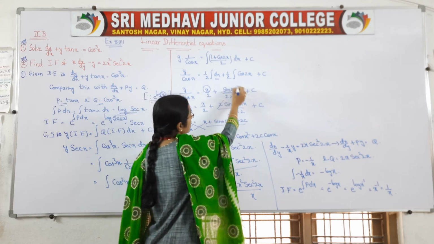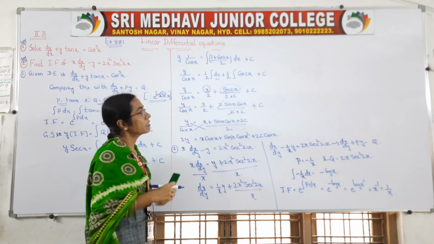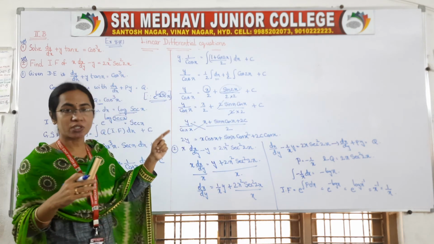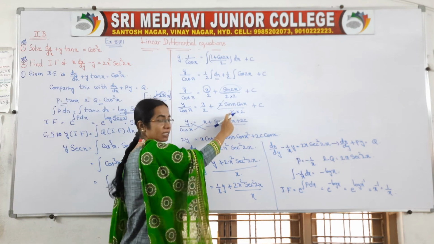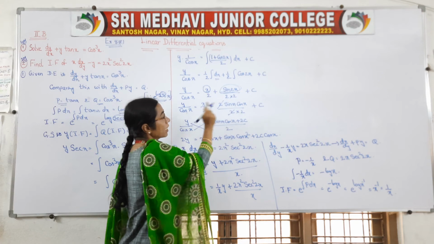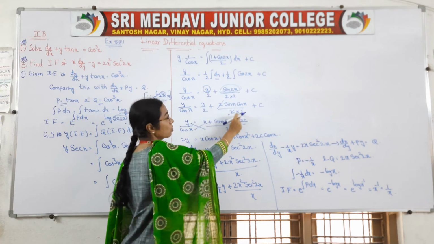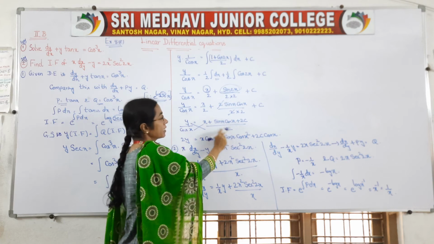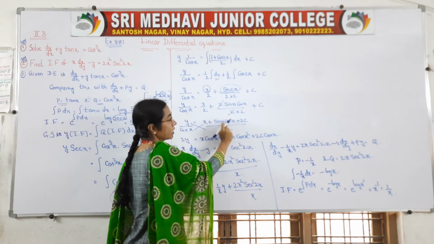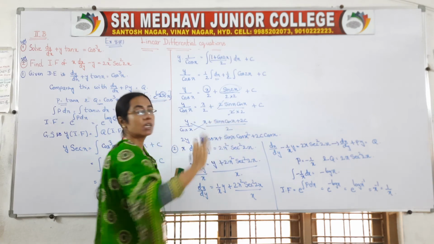Next, by using trigonometric formulas, sin 2x can be written as 2 sin x into cos x. So the 2 gets cancelled. In the next step I have taken 2 as the LCM: x plus sin x into cos x plus 2c.